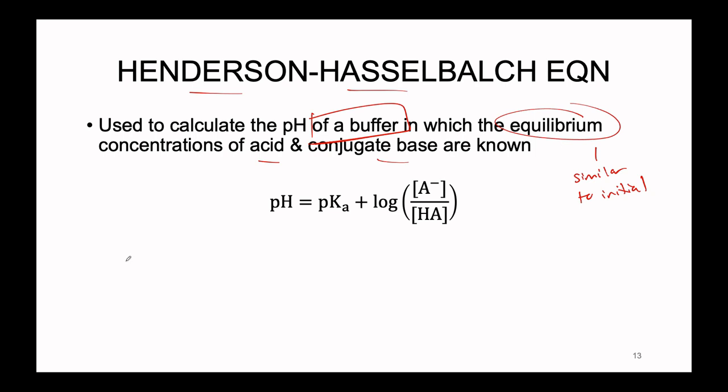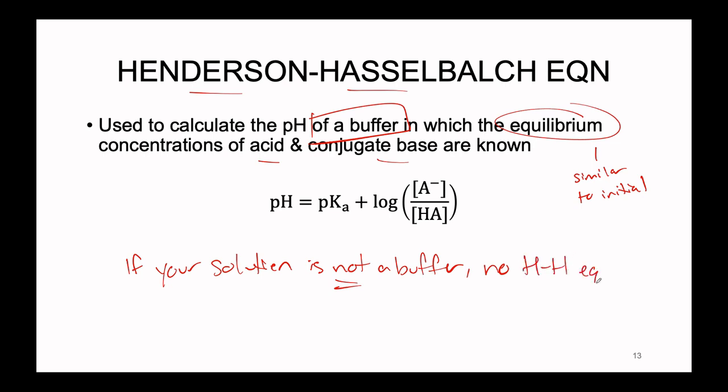If your solution is not a buffer, no Henderson-Hasselbalch equation for you. Your solution must be a buffer. If it is not a buffer, you will not get the correct pH. If your solution is not a buffer, you will have to go through all of the ICE calculations as we have been learning.